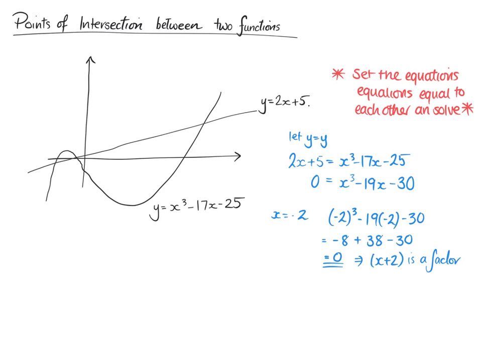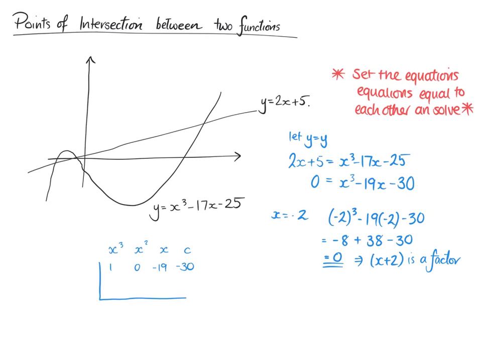Okay, so once we've got our factor, we know what to do. We do synthetic division. I'm going to do it over here where I've got some space. Remembering it's our x cubed, then our x squared, then our x, and then our constant. Be careful because our x cubed is 1, our x squared is 0, then we've got minus 19, and then minus 30.